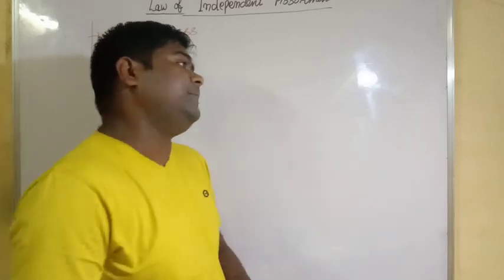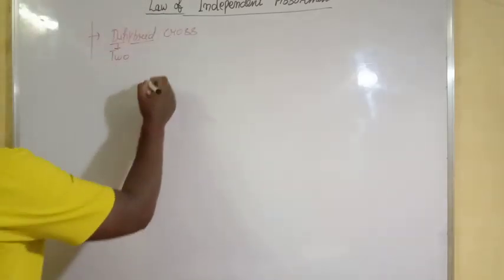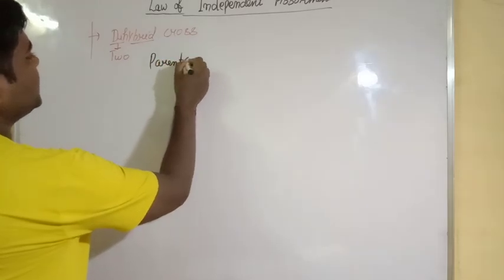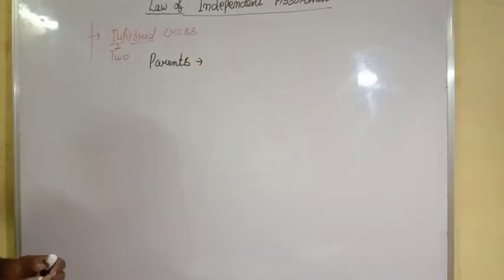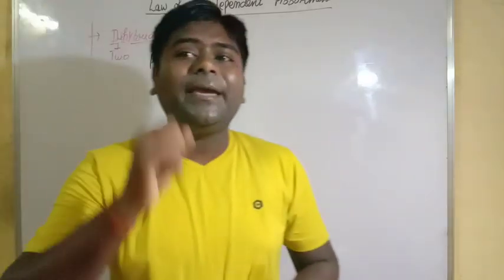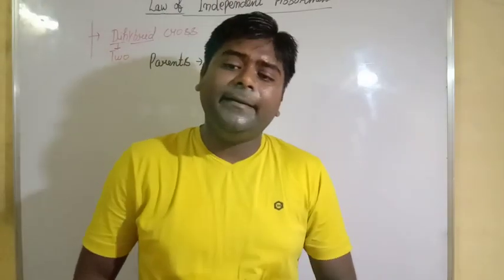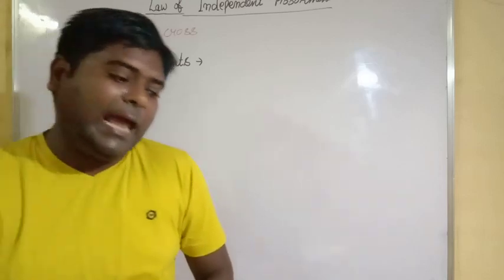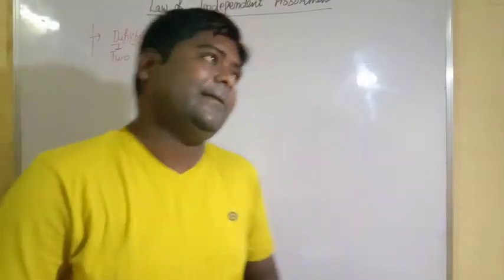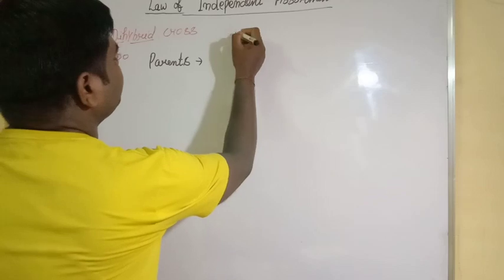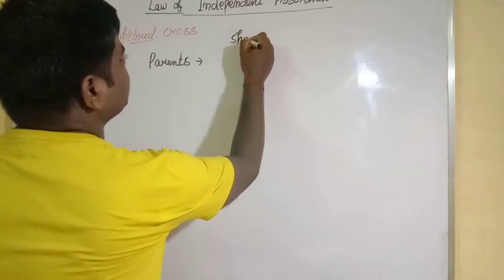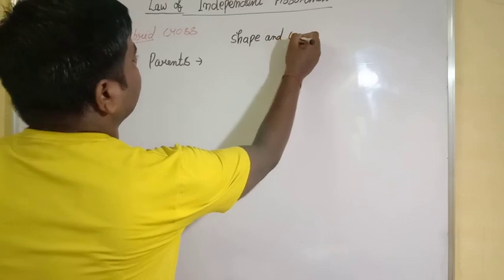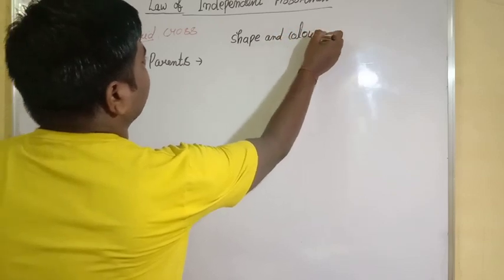Let's take the parents. Because we are talking about two characteristics, Mendel took shape as well as color. Two characters: first one is shape and second is color.